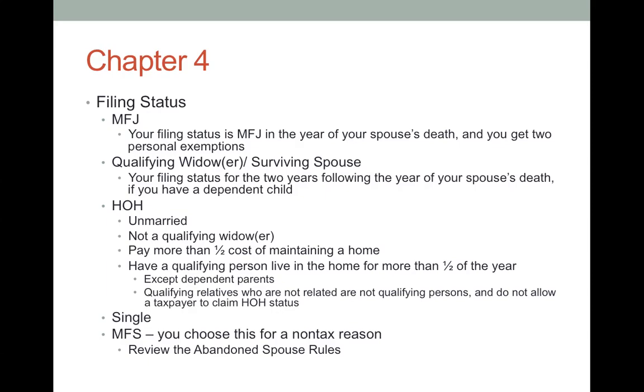A relative that's only a relative because they live with you does not qualify you to claim head of household status. So if this is your situation, you're single, you have one person living with you, they're a qualifying relative, you can claim them as a dependent. You might not be able to file head of household. Your status might be single with 2 exemptions. So I think those are the 2 tricky things with head of household, 2 things that you need to be aware of.